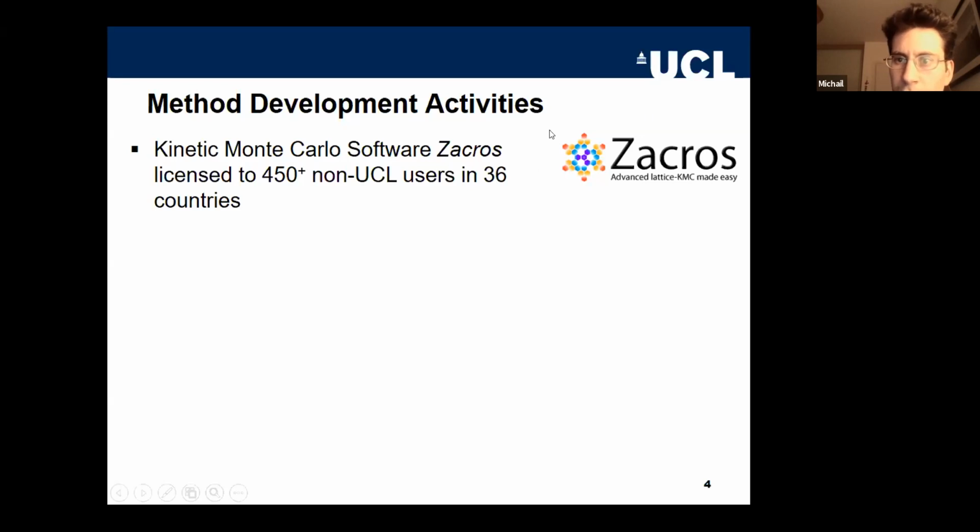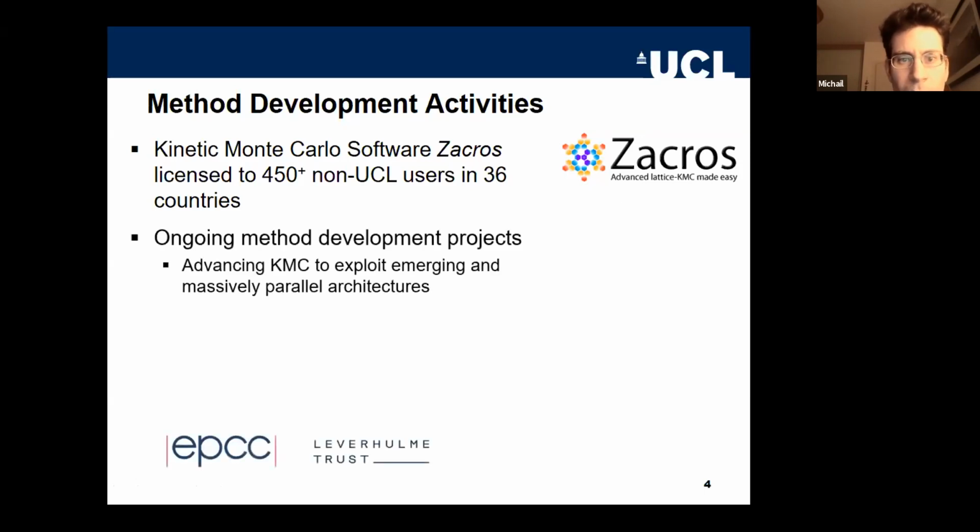We are developing software, so we have this Zacros software, which is already in use by hundreds of groups worldwide. And one of the recent projects aims at advancing these kinetic Monte Carlo approaches to try to exploit emerging and massively parallel architectures.